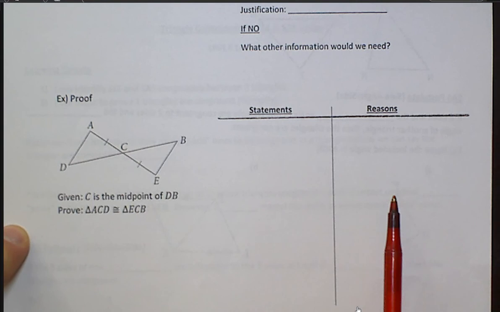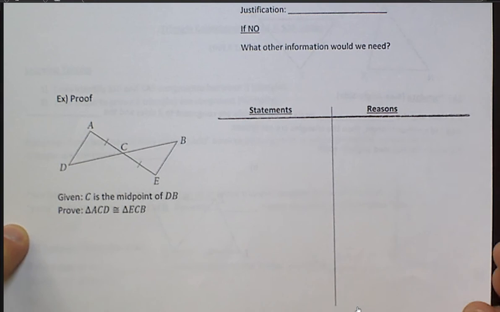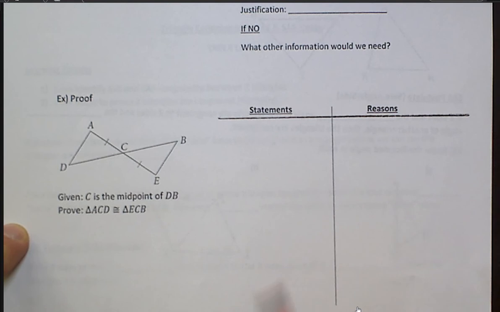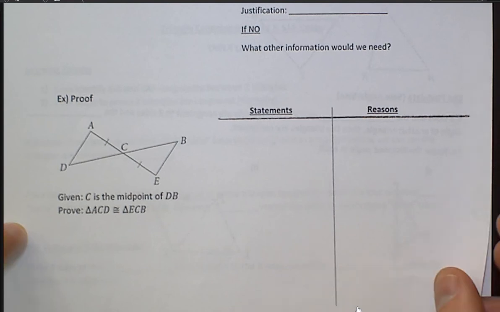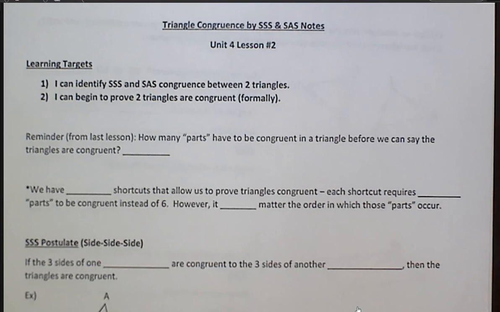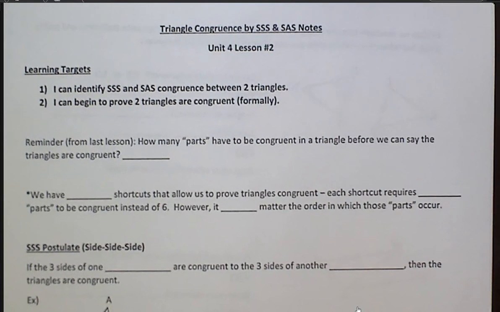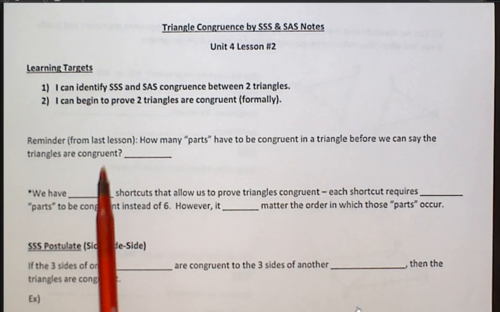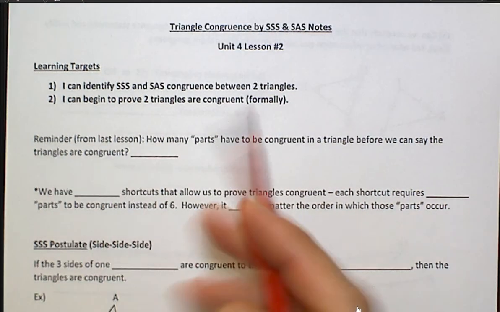When we take the test, a majority of the test and quizzes are going to be problems that look just like the very last problem on your notes. So this is what we're working towards, and we're going to do our best to get there over the course of 5 to 6 lessons throughout Unit 4. Okay? So, the reminder from last lesson, which is lesson number 1.